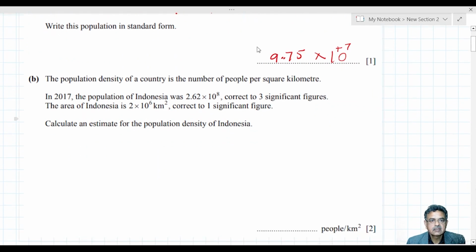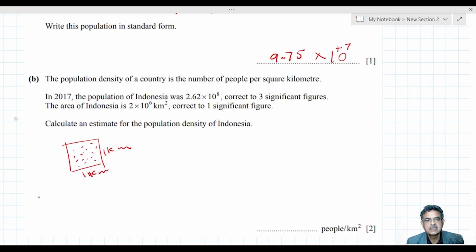Next part, it says the population density of a country is the number of people per square kilometer. This per square kilometer, if let's say this is 1 square kilometer, then the number of people per square kilometer, that is population density.